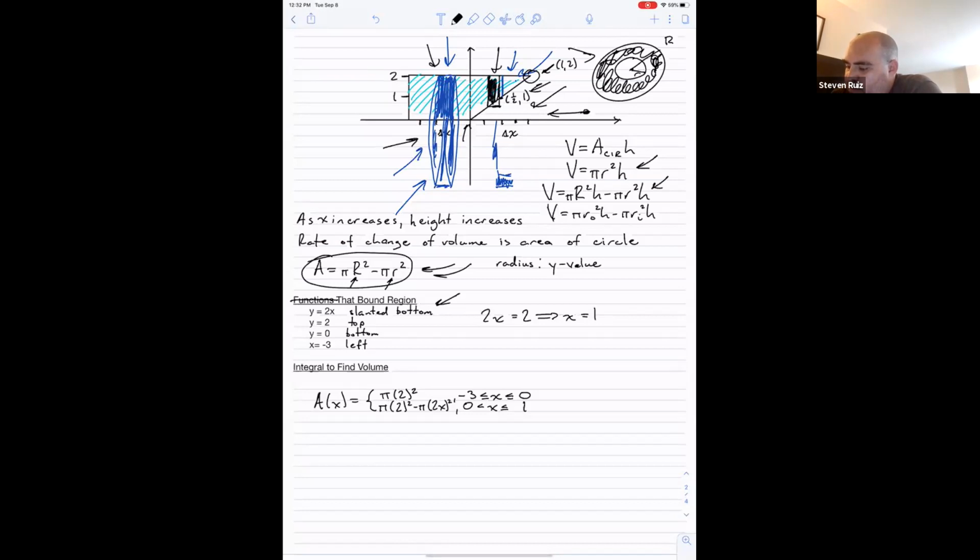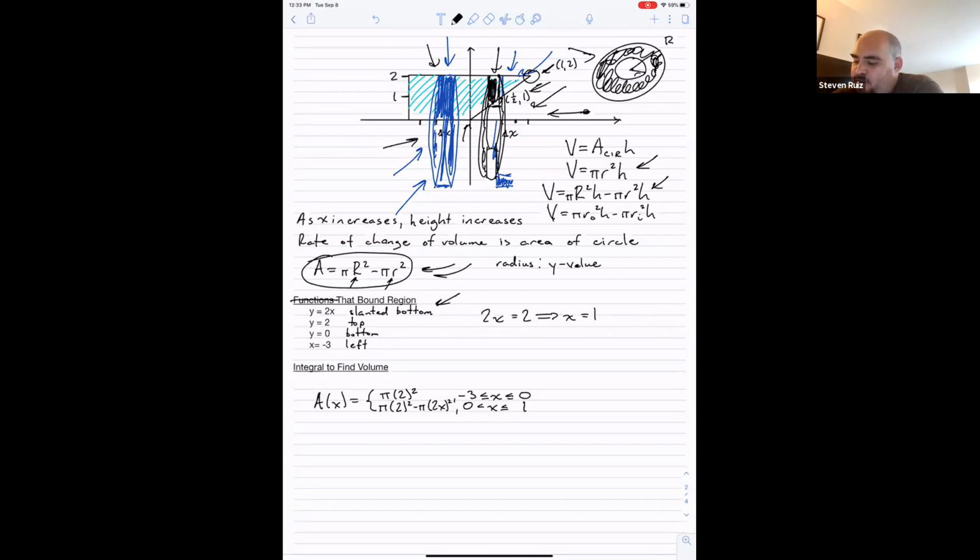Color it in, and we're going to do this cylinder with a hole in it. The outer radius is clearly 2, and it never changes. But depending on how far left and right I move, it changes the inner radius, which changes the cylinder that I have to find the volume of and subtract off.